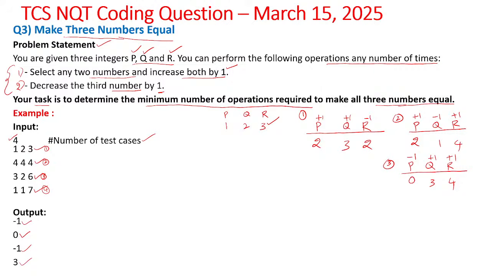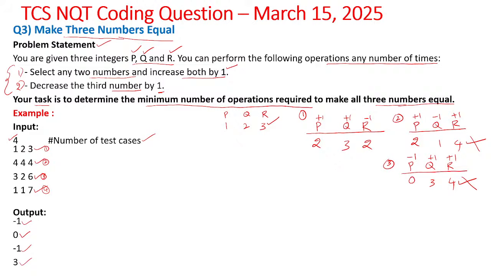That means it should not be more than the maximum value of the input. Now see, one of the variables, R, reaches 4 here, and here also it reaches 4. So these two possibilities you can wipe out. They cannot be used for finding the number of operations which make them equal.